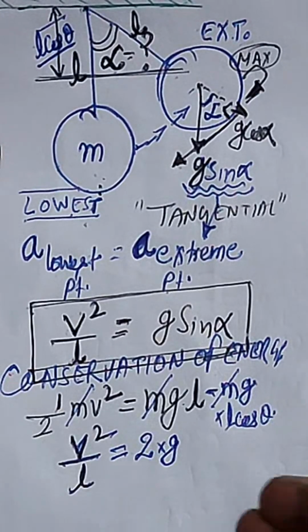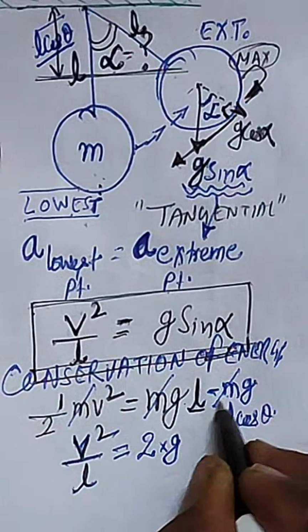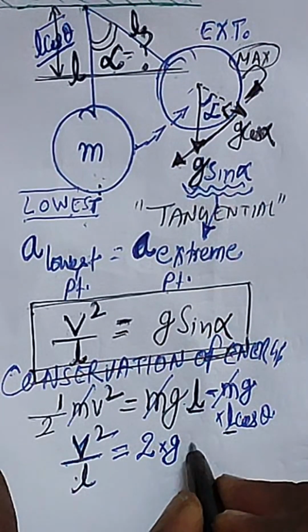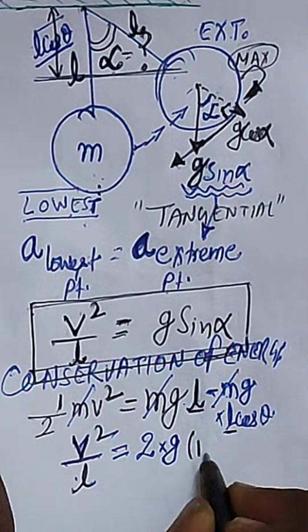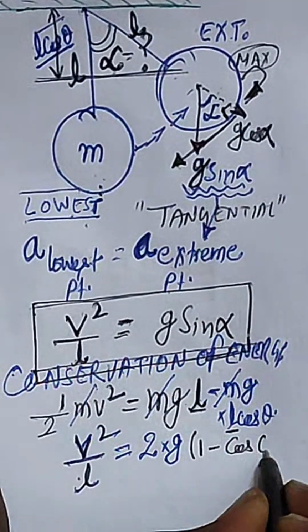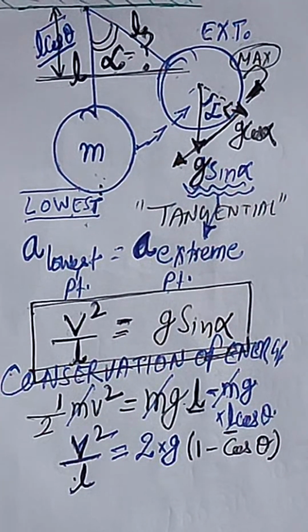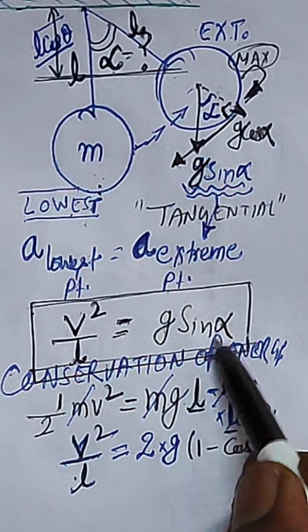And since L was taken as common from the RHS, v square by L is there in the LHS. So it becomes 2g into 1 minus cos theta, isn't it? And v square by L is nothing but g sin alpha.